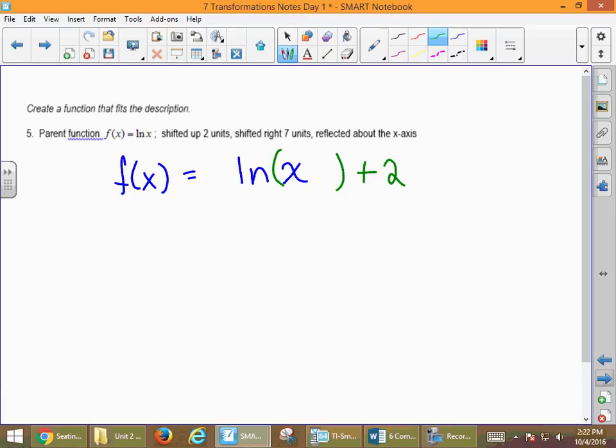So it's going to be subtract 7. And then the last part about this is it says that we're going to reflect about the x-axis. Well, where are we going to put that negative? Are we going to put it inside the function or outside the function? And it's going to be outside. So there's our function. Given that information, we had to write it.